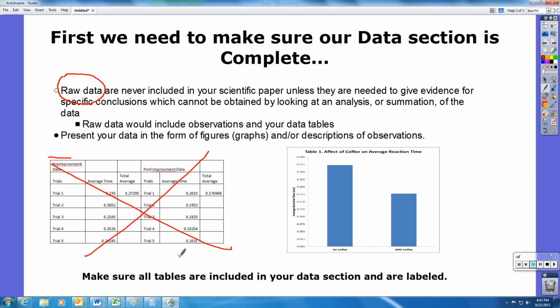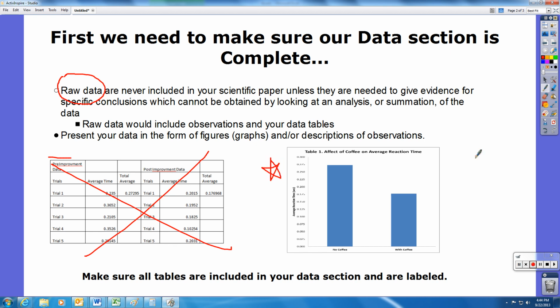The only time that you would include your raw data in your data section is if it was needed to give evidence for specific conclusions which cannot be obtained by looking at an analysis or summation of the data. You'd want to present your data in the form of figures, graphs, and/or descriptions of observations.